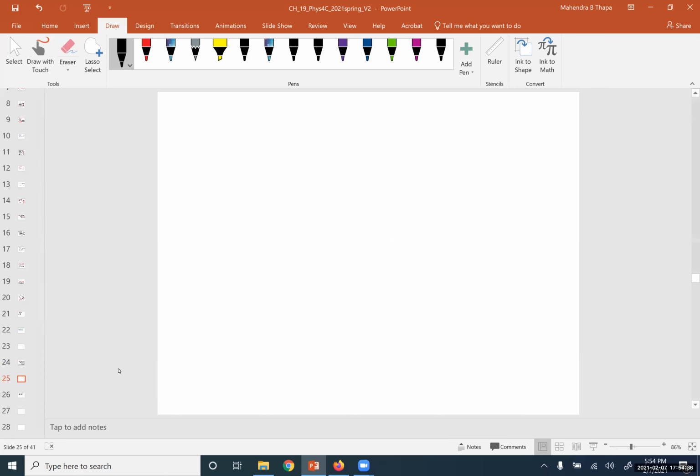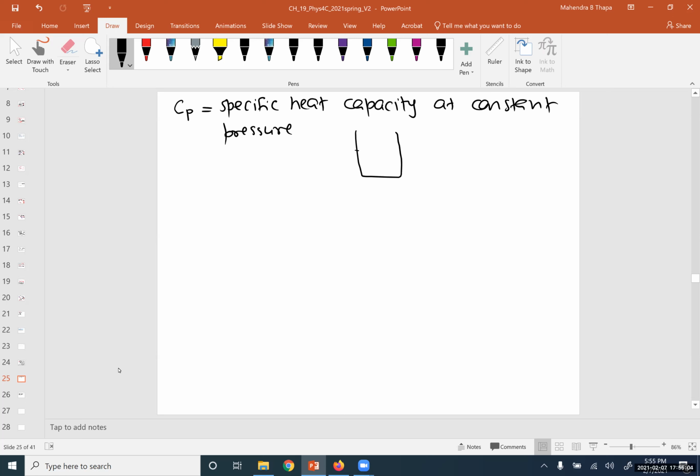Okay, so for gas we generally use two specific heat capacities. Cp, for example, is the specific heat capacity at constant pressure. This means the scenario is like this. We are supplying heat, so in this scenario its volume will increase.